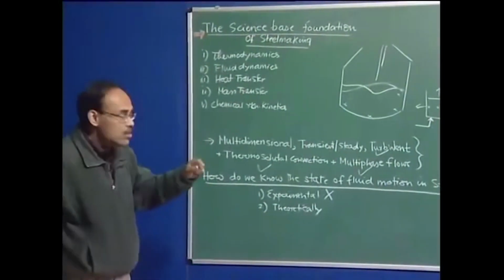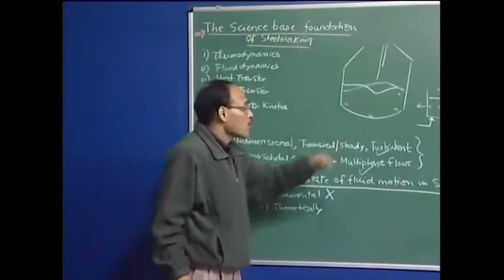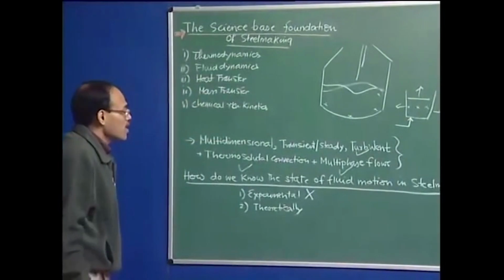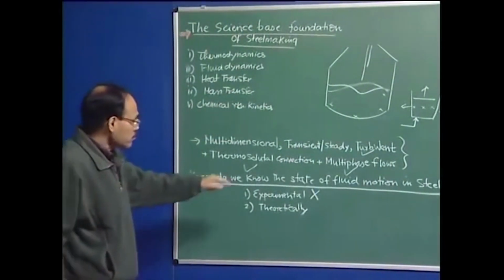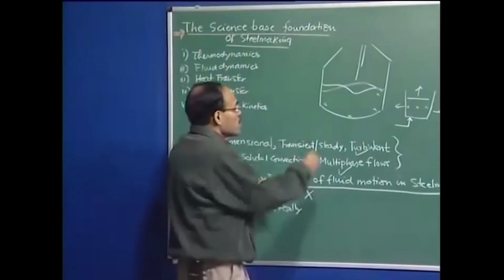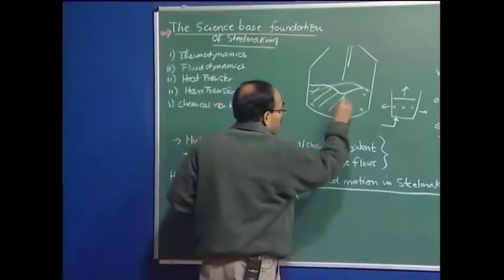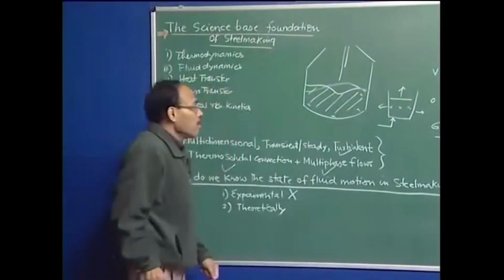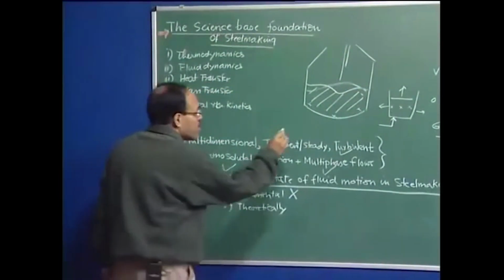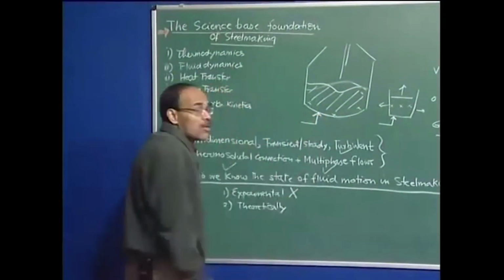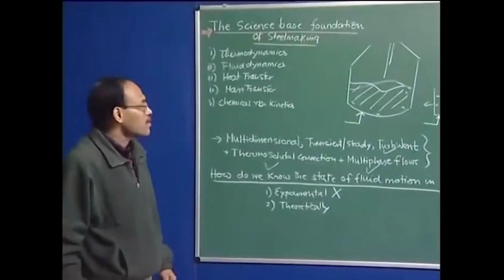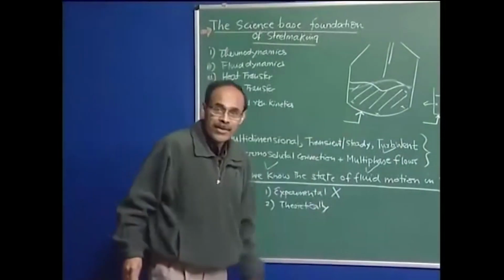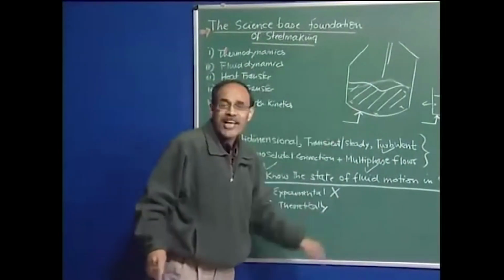Steel, as we all know, is a Newtonian fluid, so the theory of Newtonian fluids can be applied. Although molten steel would exhibit incompressible flows most of the time, if you are injecting gases at the bottom, the gas density can change enormously because of the difference in temperature, and some compressibility effect can come as far as the motion of the gas is concerned.